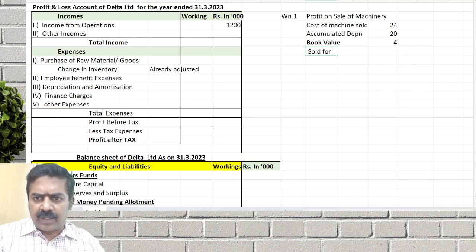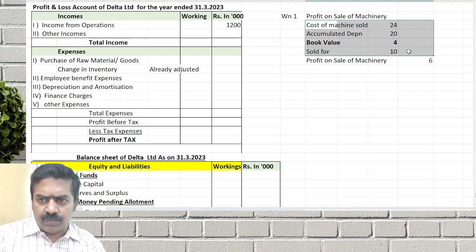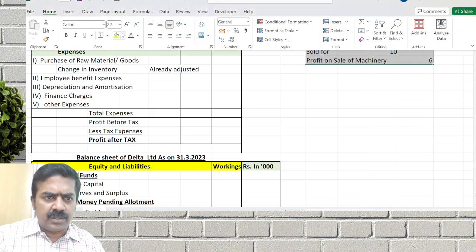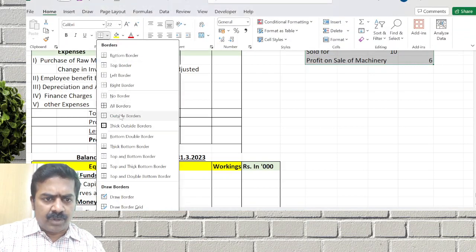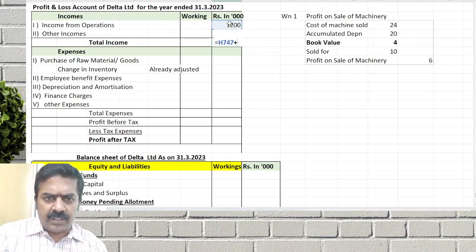It is sold for 10,000. Profit on sale of machinery, how much? 6,000. So we are going to maintain rupees in thousands. Profit on sale of machinery, 6,000. No other income, 1,200 plus 6.